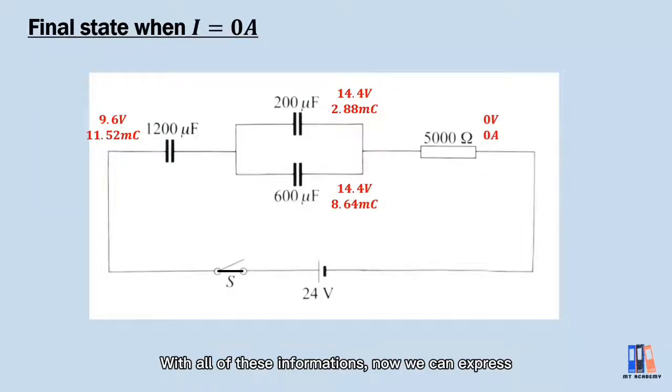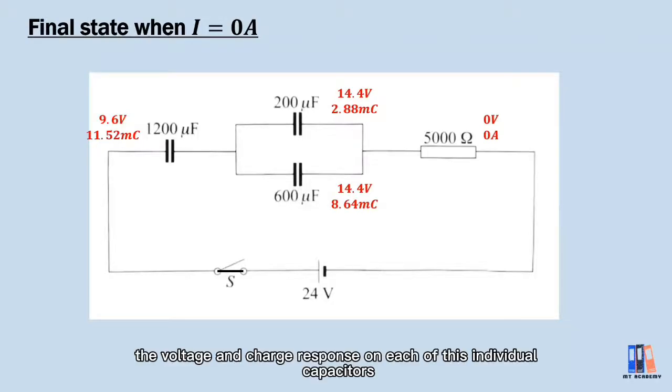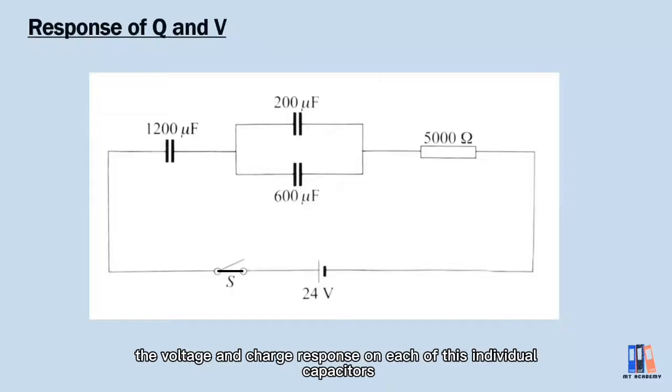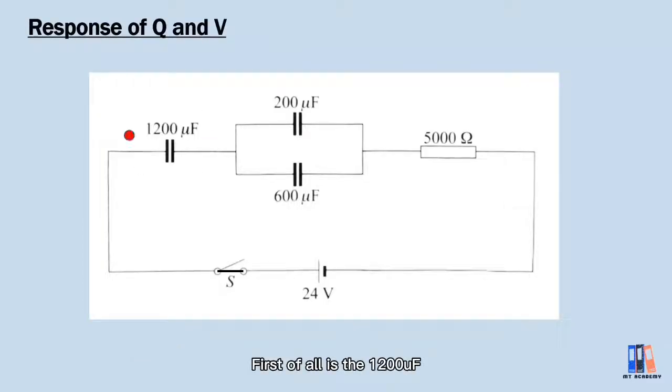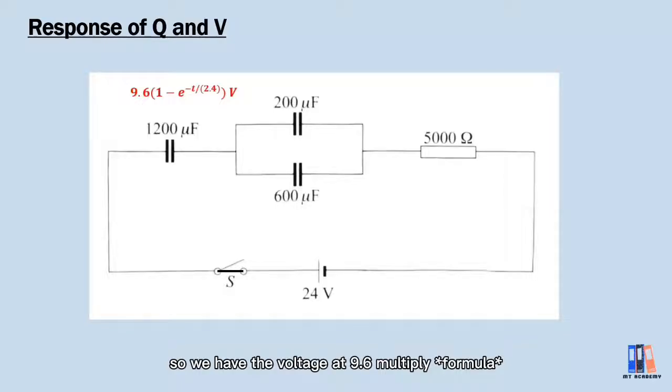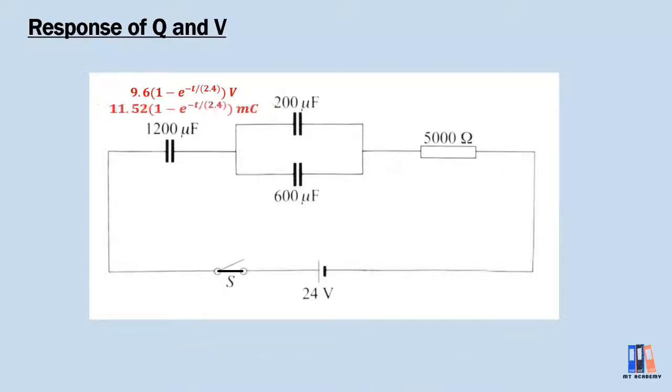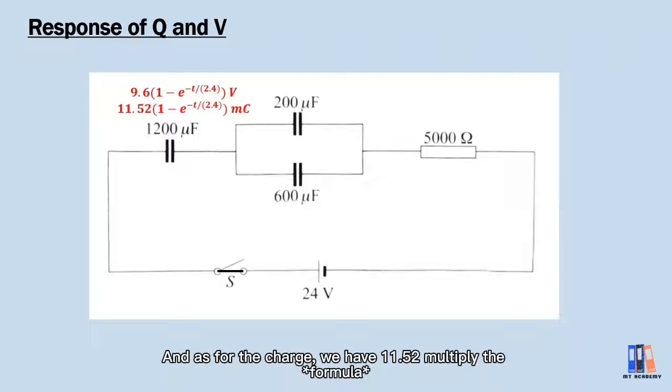With all this information, now we can express the voltage and the charge response on each of the individual capacitors. First is the 1,200 microfarad. We have the voltage as 9.6 multiply the formula, and for the charge, we have 11.52 multiply the formula.